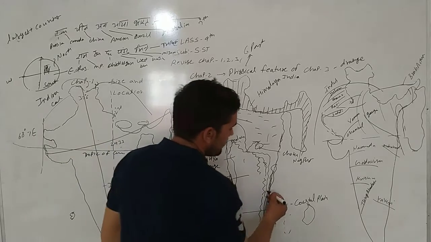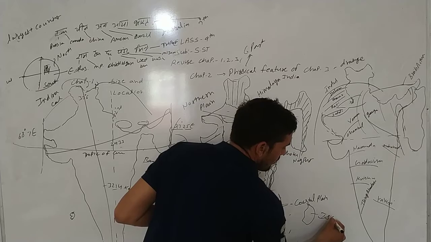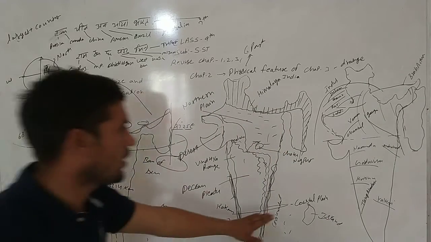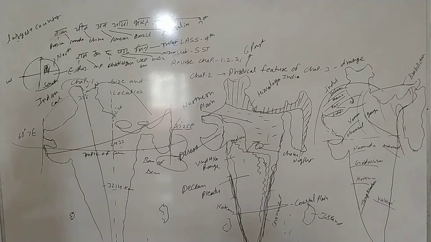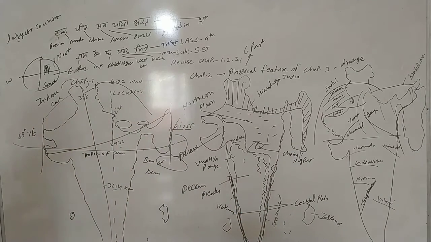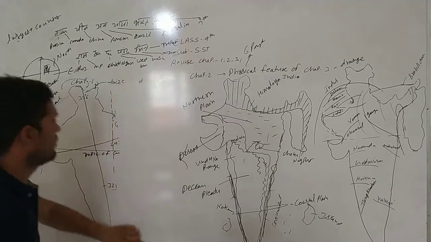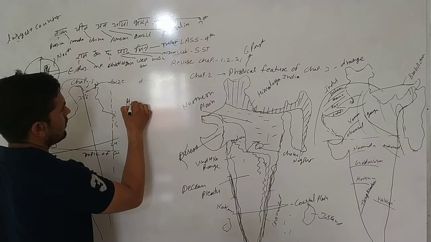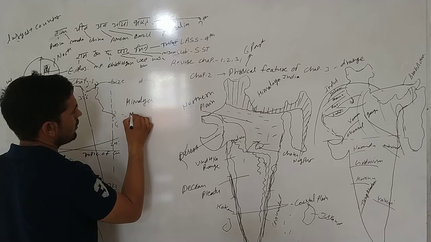And the sixth part is the islands, which are situated in both the Bay of Bengal and the Arabian Sea. These are the main parts. First we have to do the Himalayan, and the second one is the northern plains.